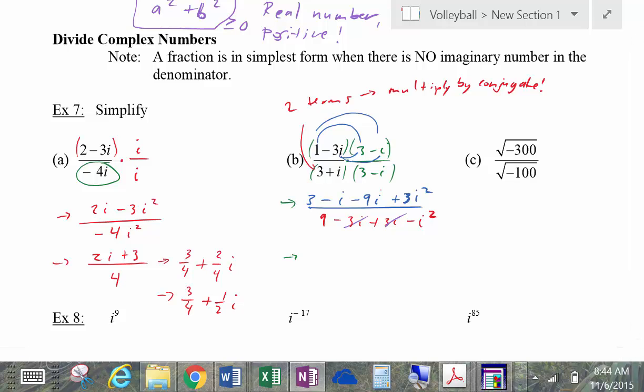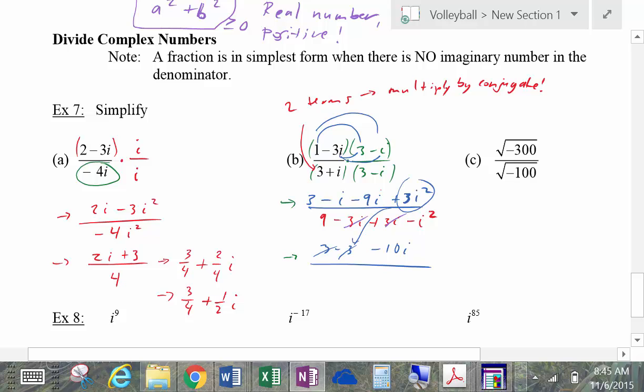Okay, so I end up getting, I'm going to rewrite it, 3 minus 3. Those cancel, minus 10i. So this is negative 3. I wrote it down here. On the bottom, I get 9 plus 1.